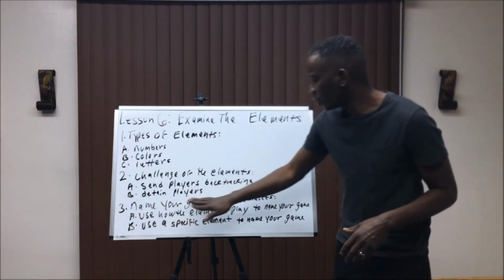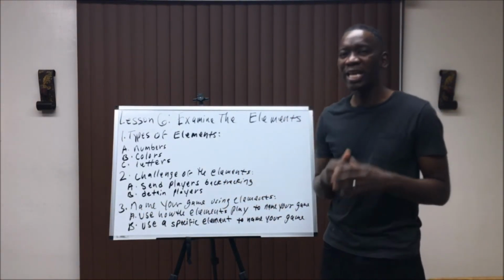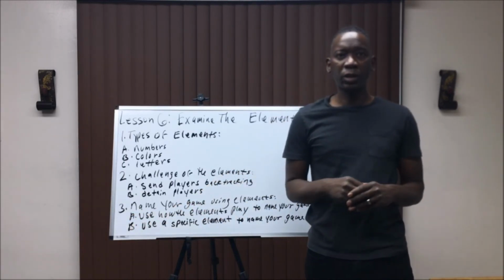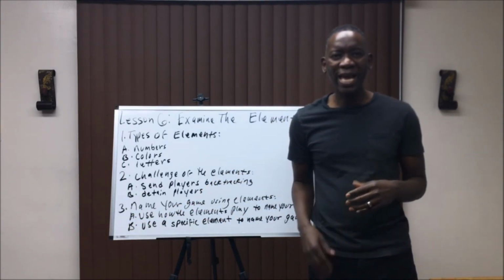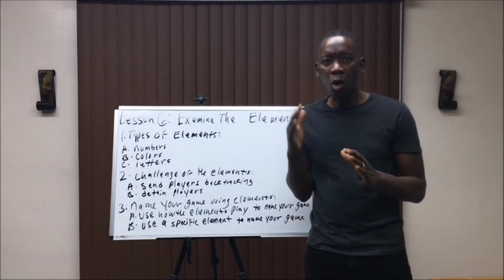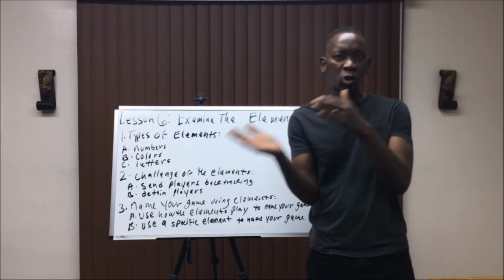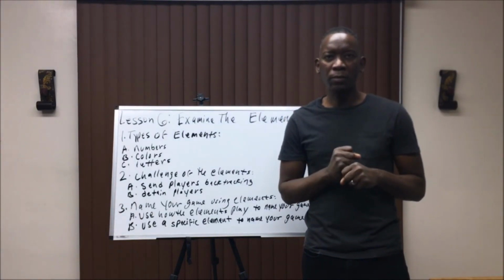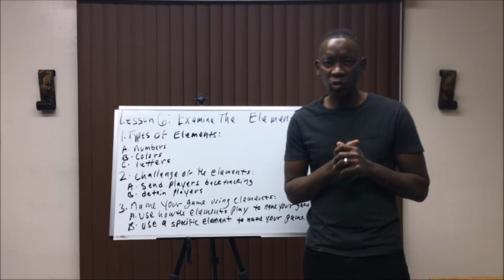And number 3, you can name your game using elements as I showed you here in A and B. And I use my board game Backtrack as an example, that most of the elements on my track cause players to go backwards.